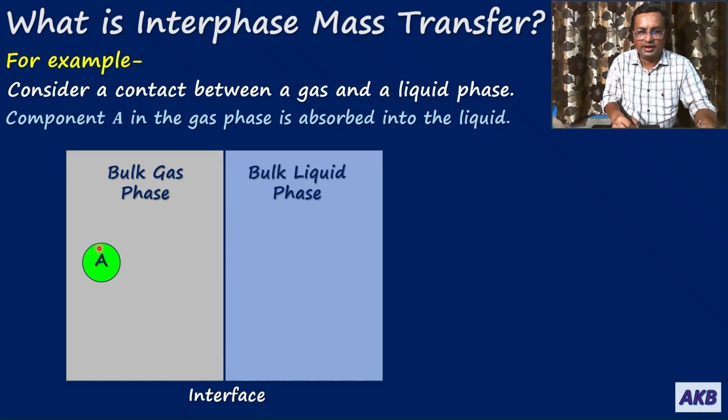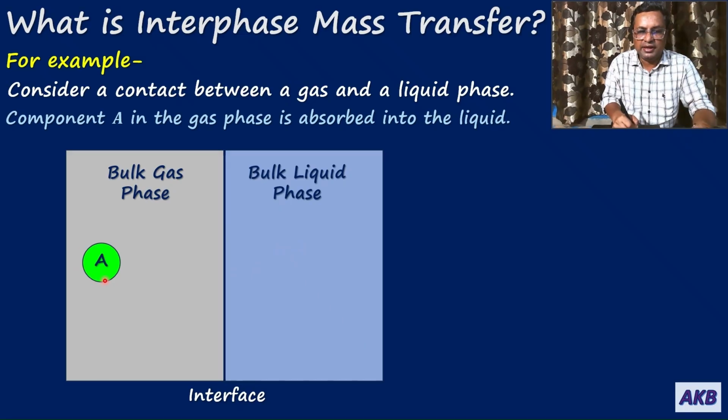Now we are considering transfer of A. Let me just show one molecule of A for the sake of understanding. Initially we are concerned about transfer of A from gas phase to liquid phase. That is what happens during absorption.